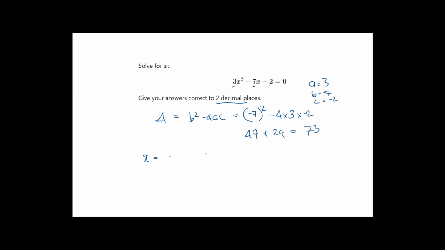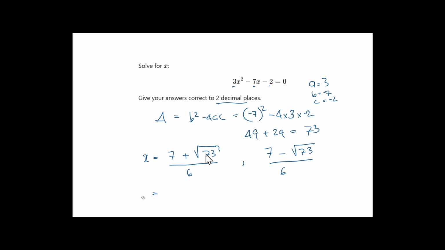Well, minus 7 is 7, plus the square root of 73, and that's not going to be a nice number, all divided by 2a, which is 6. And the other one is going to be 7 minus the square root of 73 all over 6.